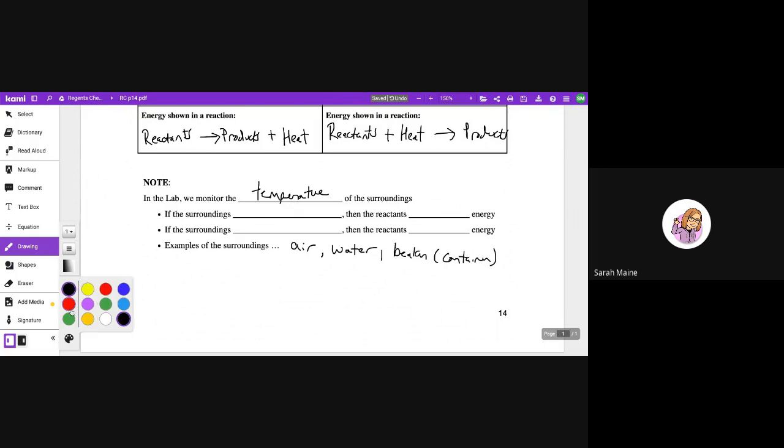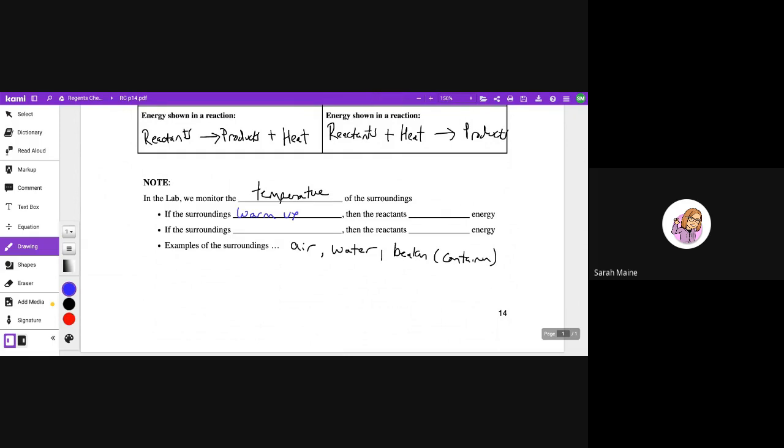So this is kind of the big idea. If the surroundings warm up, say you're watching the air temperature, and the air temperature before any change is 21 degrees Celsius.